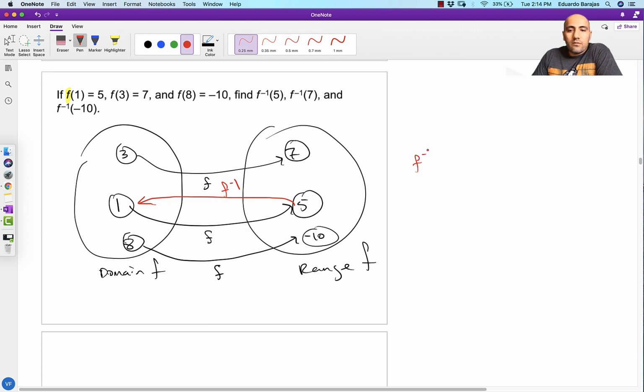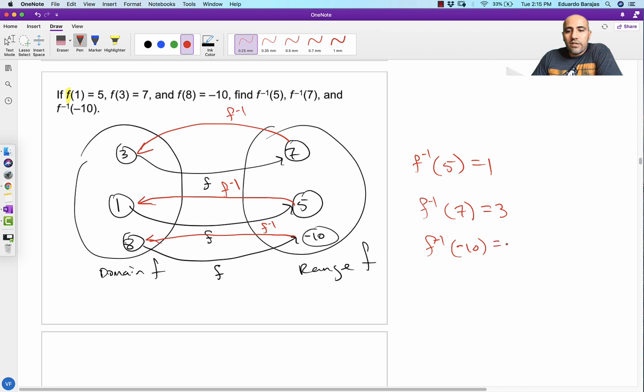By its very definition, f inverse of 5 must equal 1. And f inverse of 7, going backwards here, must map me back to 3. And finally, f inverse of negative 10 should lead me back to 8.